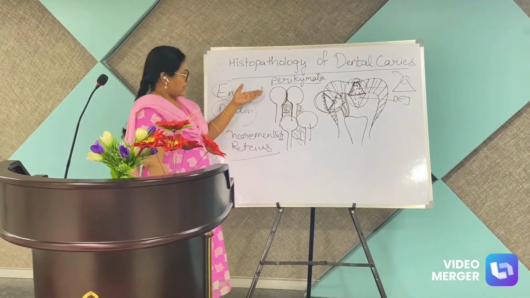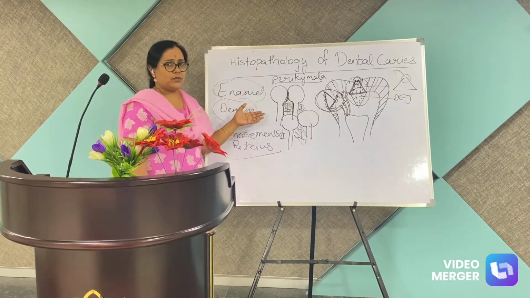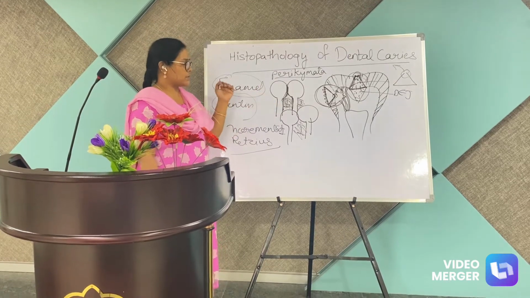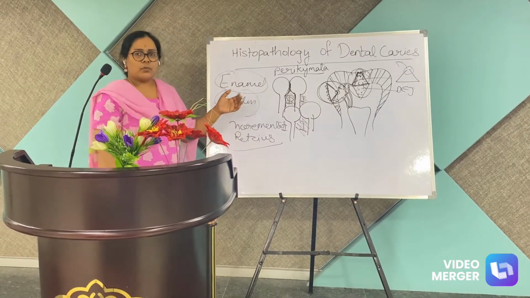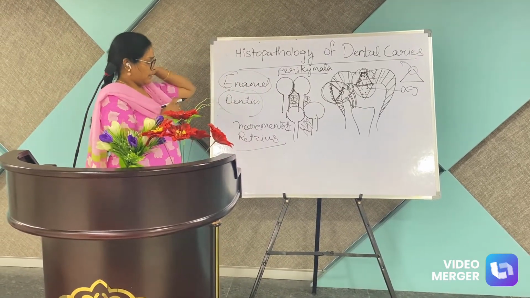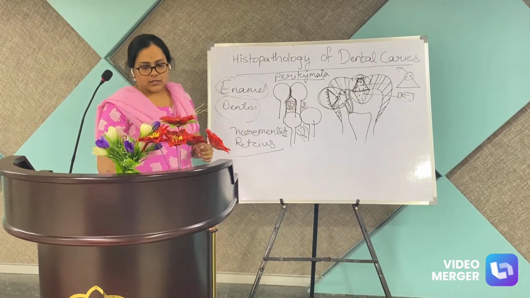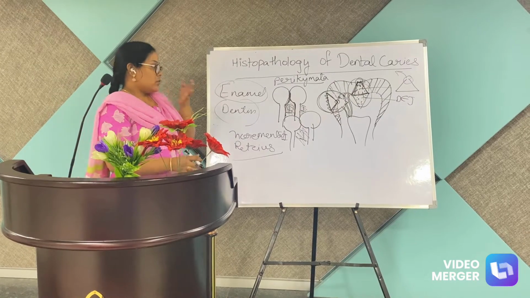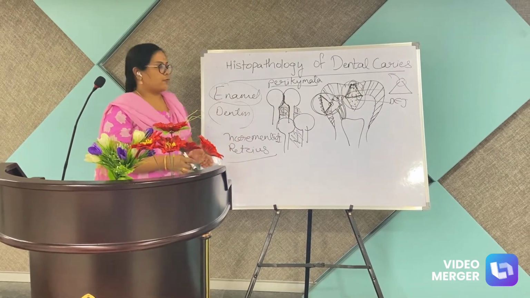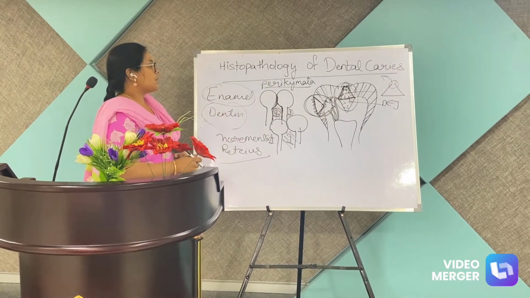And we spoke about the histopathological aspects like the loss of interprismatic material and the prominence of perikymata and the incremental lines of Retzius.